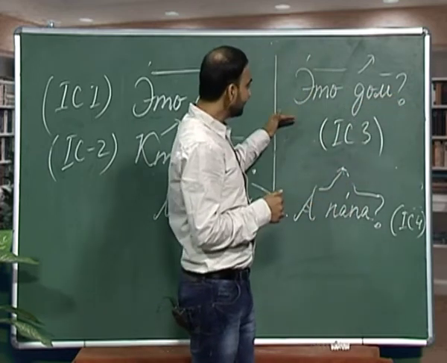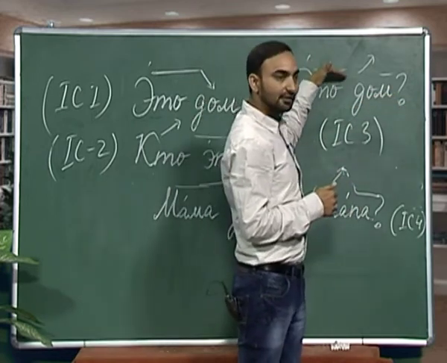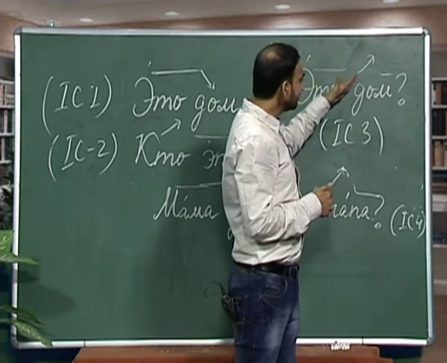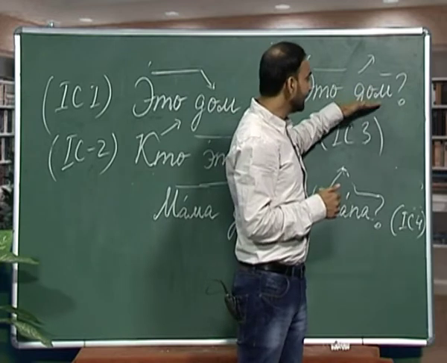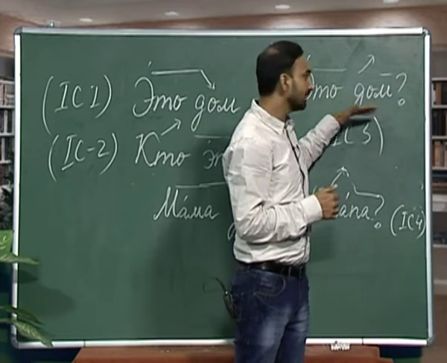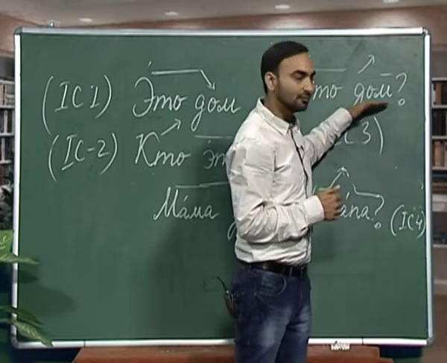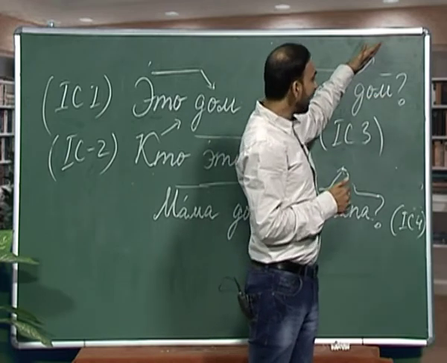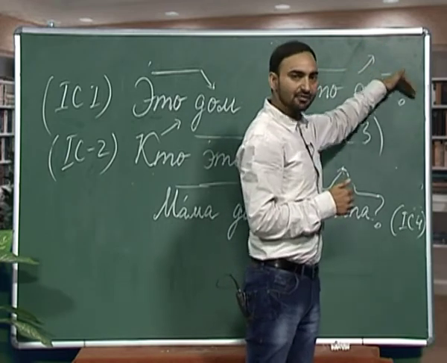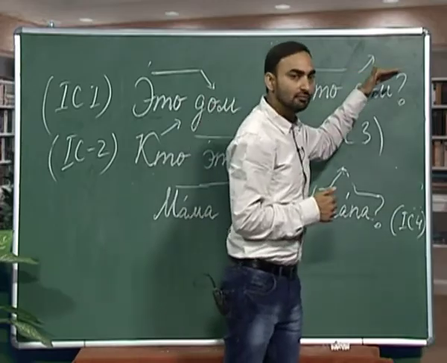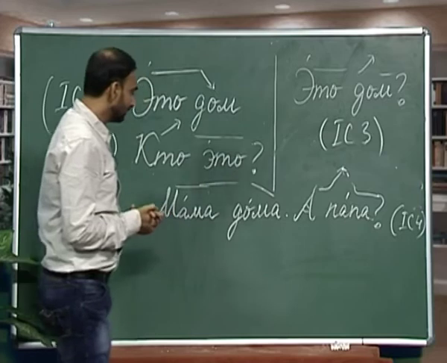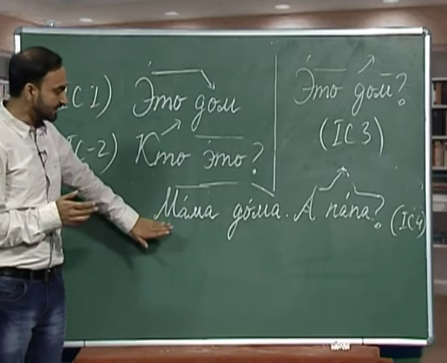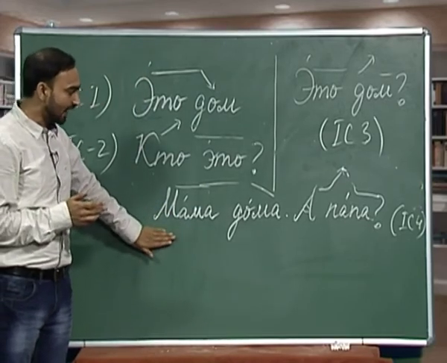So, again it starts with the medium pitch and then it goes up on the word which contains the question. In this case, it is dom. So, it rises up and then again comes down. Это дом?